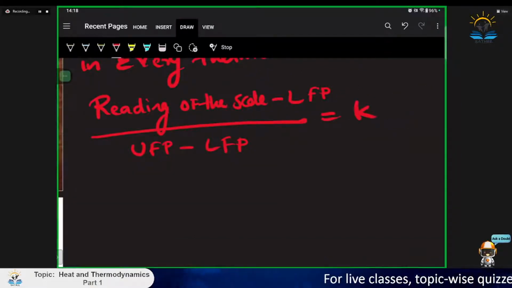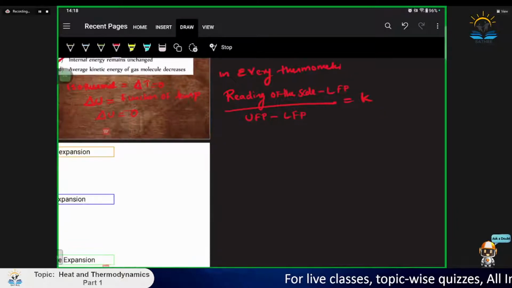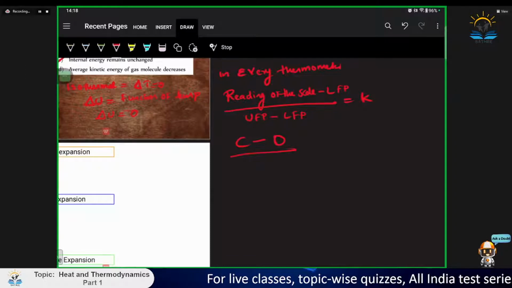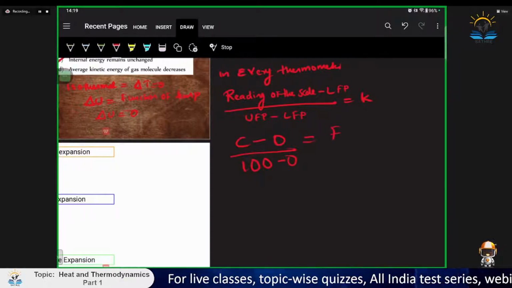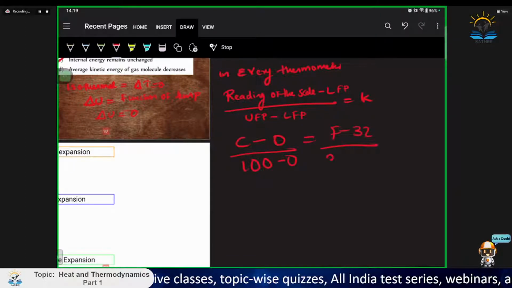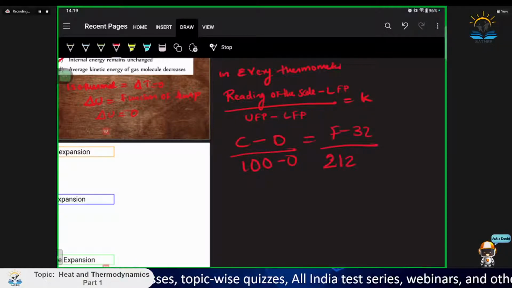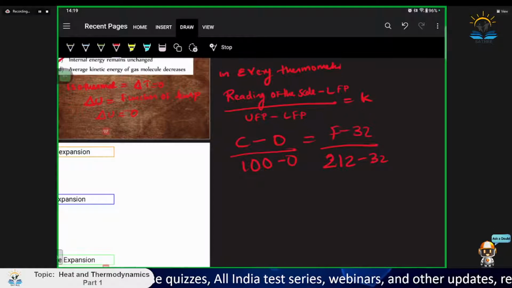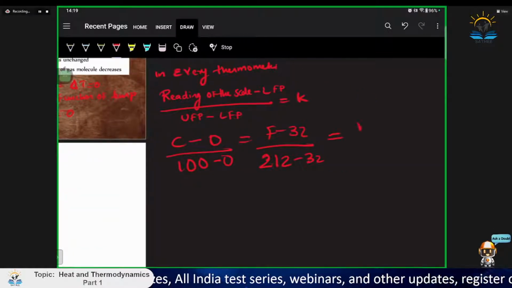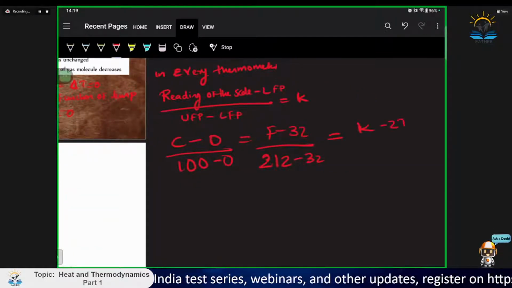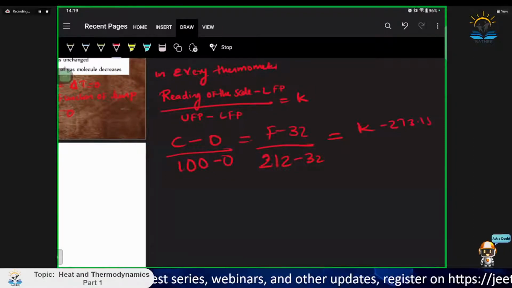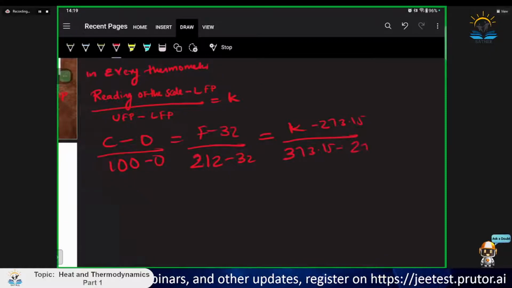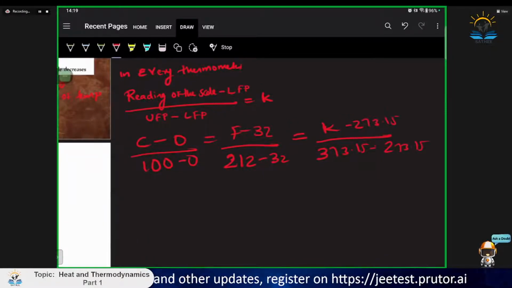So we can write, in the Celsius scale, C minus 0 by 100 minus 0 is equal to F minus 32 by 212 minus 32 is equal to K minus 273.15 by 373.15 minus 273.15. I hope everyone is clear about this equation.